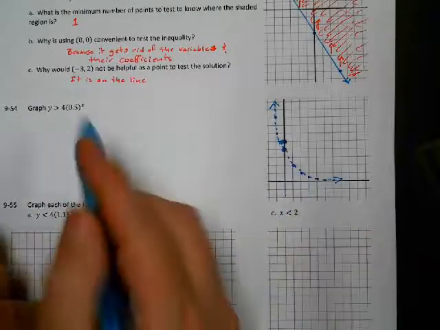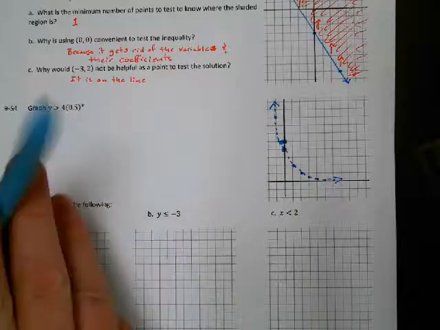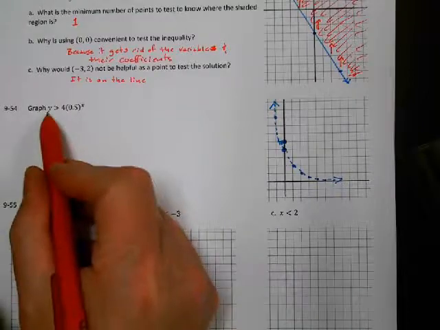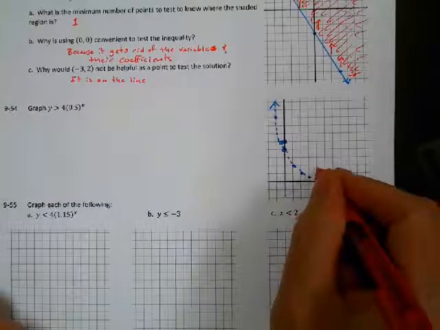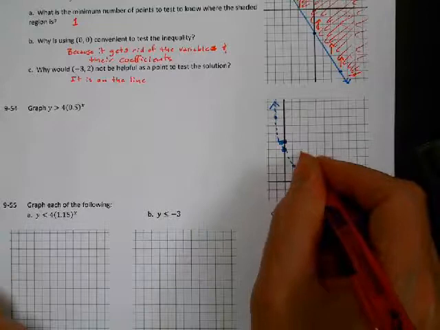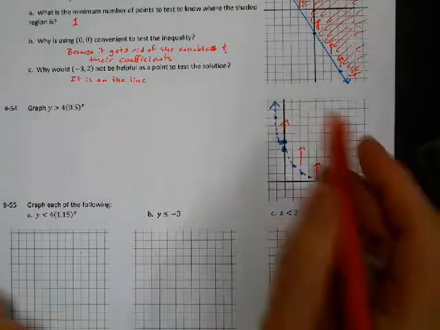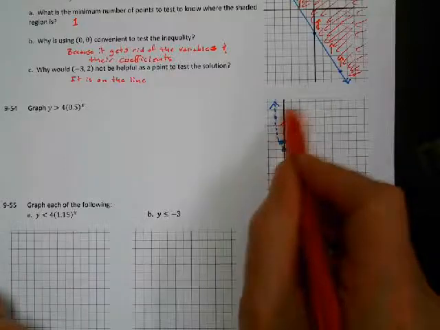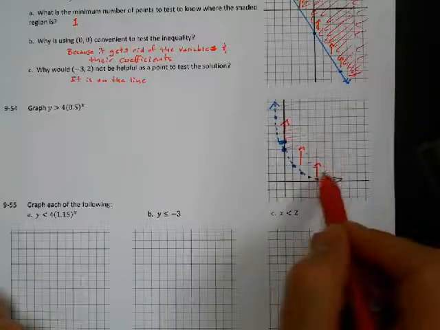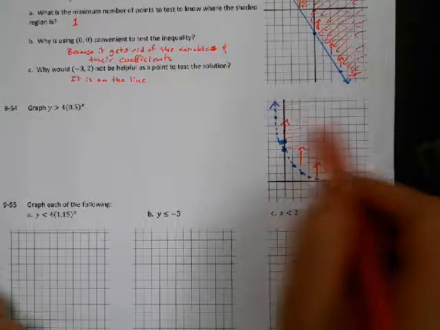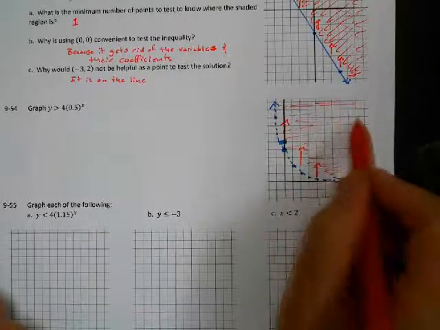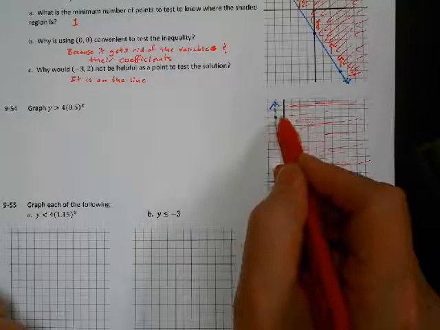Now I have to ask myself, where does y get bigger? Because it says y is greater than. Well, it gets greater than over here. There's where the y is getting bigger. So it looks like I'm going to shade all of this section. And even this little section over here.